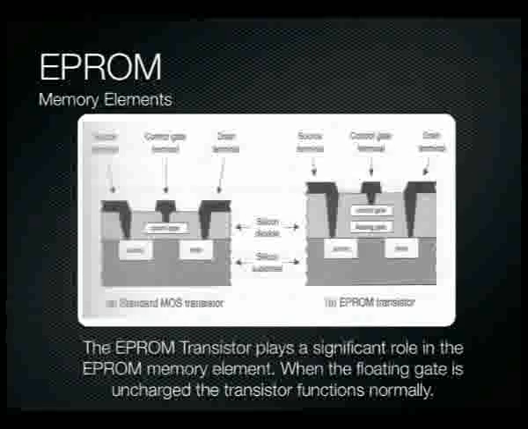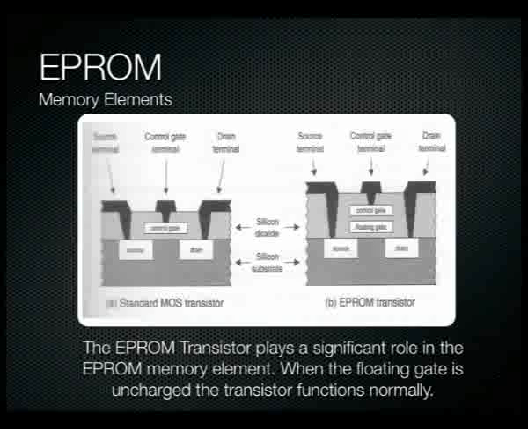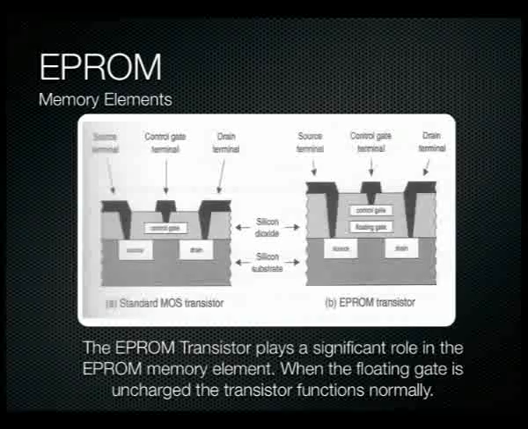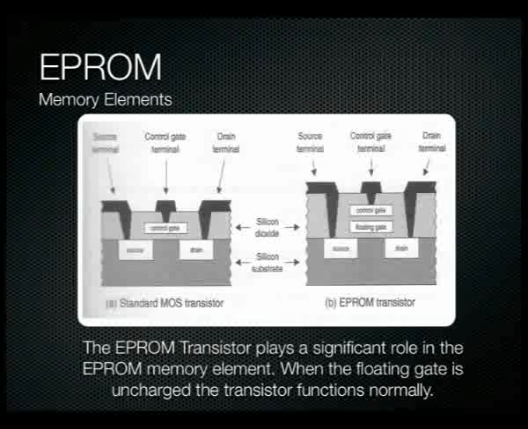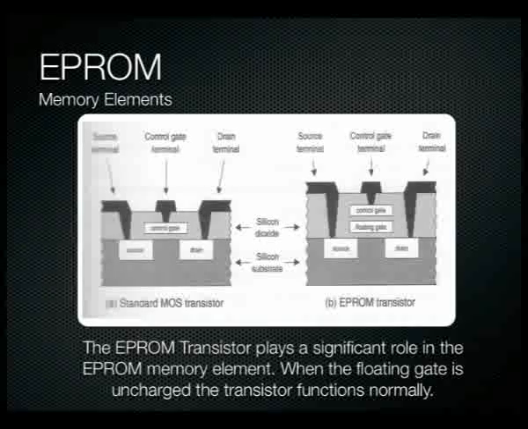So when it comes to an EPROM memory element, it consists of a slightly different transistor. Instead of the transistor that we had in the previous memory elements, we now have what we call an EPROM transistor. How this transistor differs from a standard MOS transistor is that we now have a floating gate.